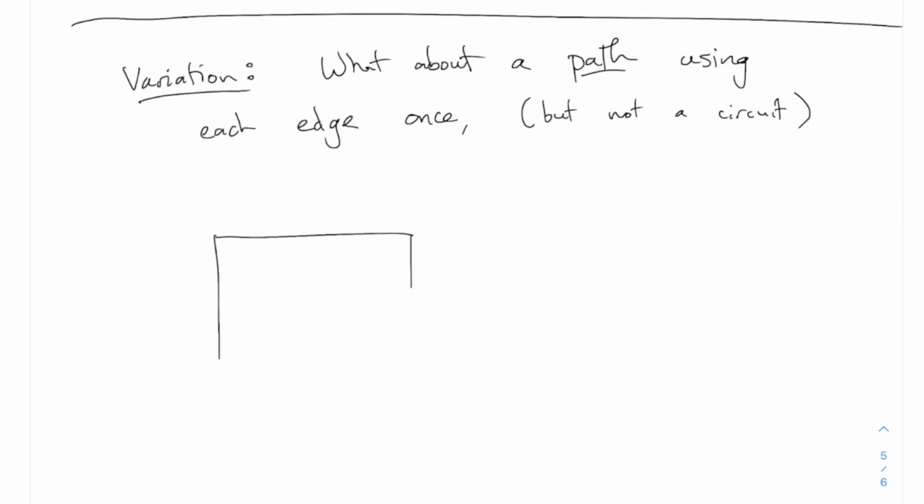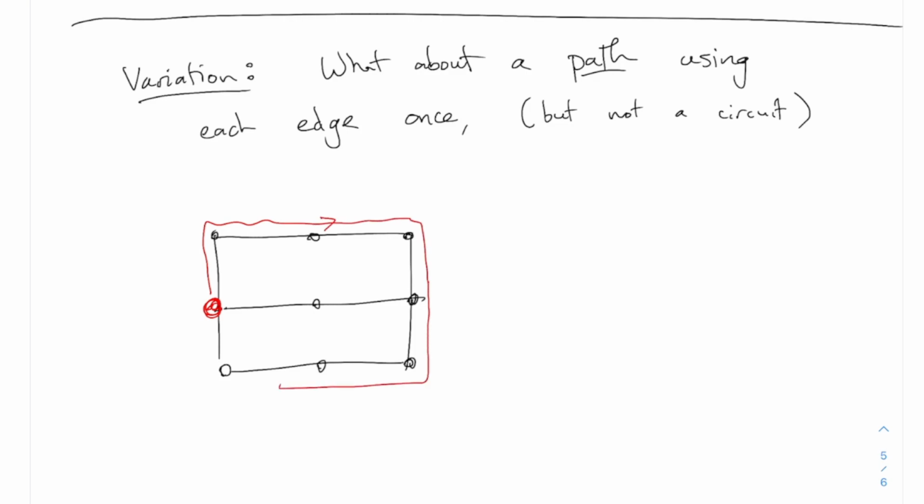For example, if I have a graph like this, in this one you can make a path that covers every edge, but it won't be a circuit. For instance, I can start here and go around the top, and then around the bottom, and then around the middle like so, and end here.